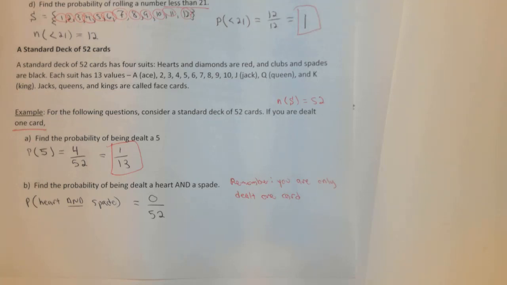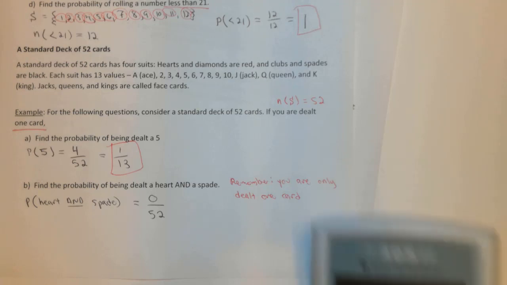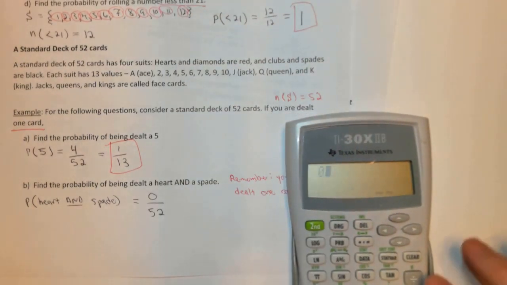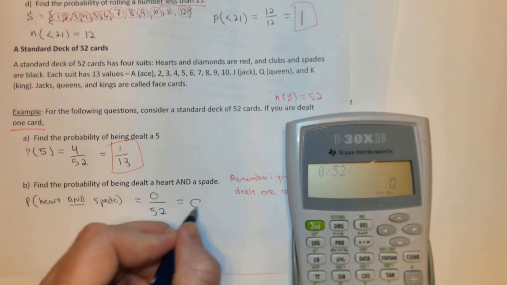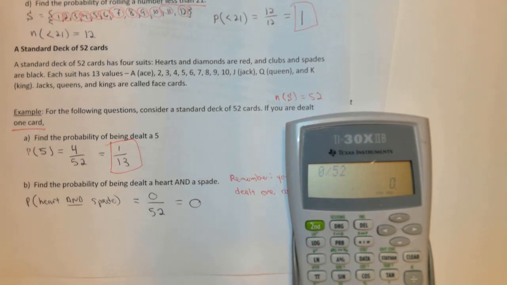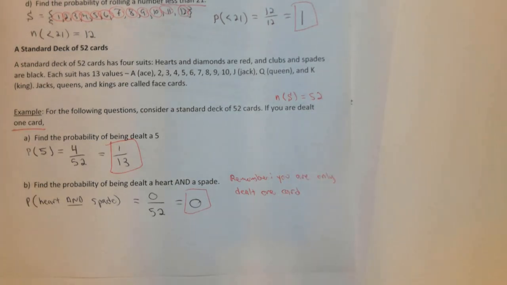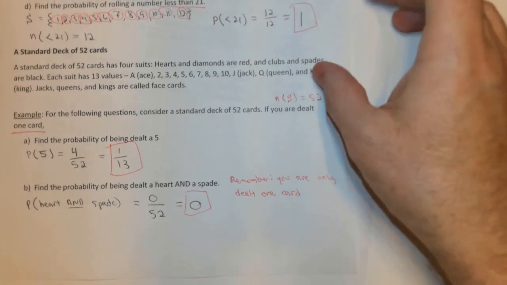Some students will say it's 0. If you get confused, which you shouldn't, type it in the calculator. You'll see that it's 0. These are things we should know, but sometimes when you see zeros and fractions, students will confuse that with the undefined.